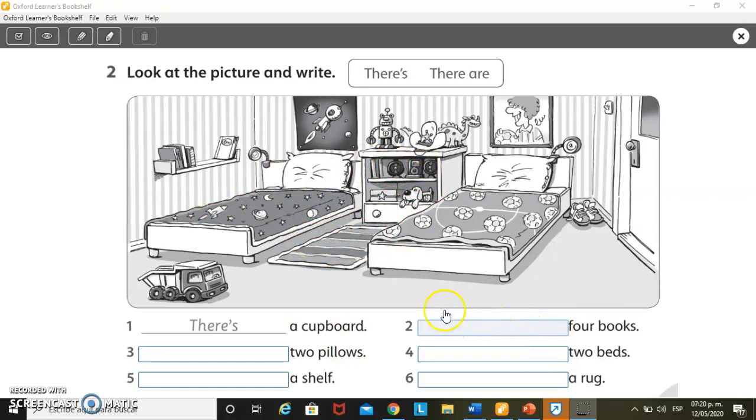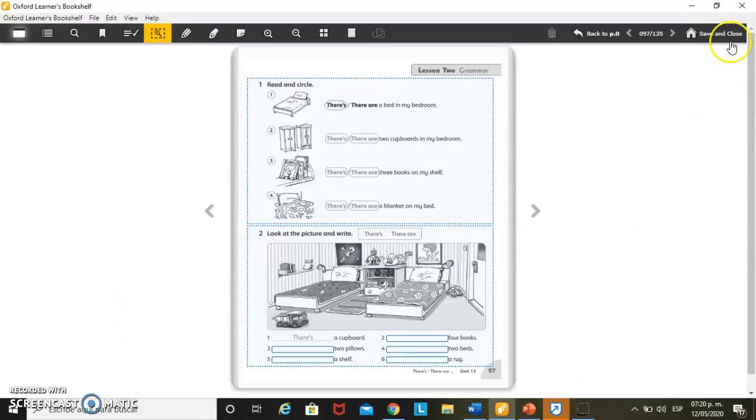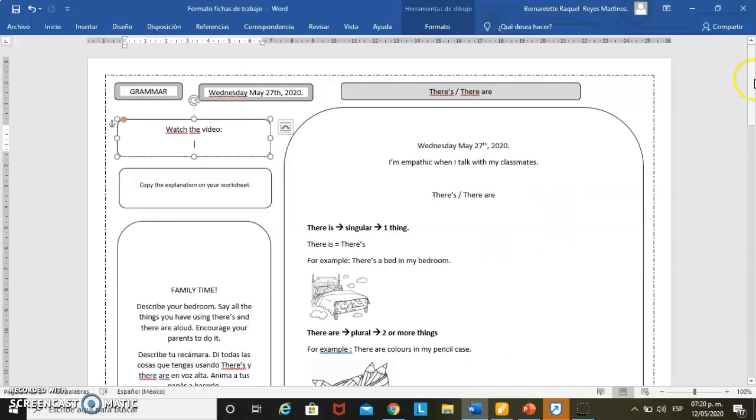Number 2, for books. Look, 1, 2, 3, 4. So you write there's or there are. And continue with the other sentences, okay? Remember to read the sentences aloud. When you finish, close your class book and pay attention.